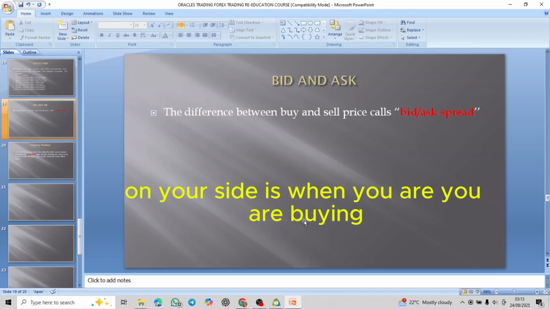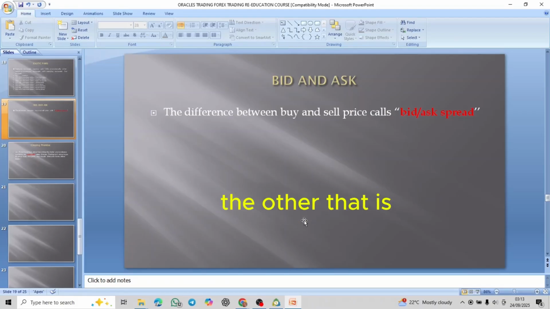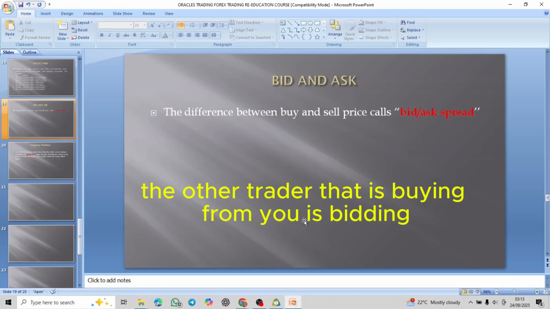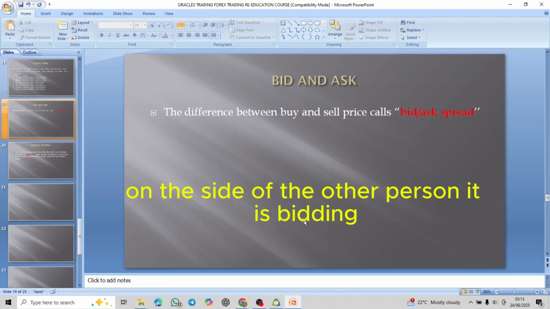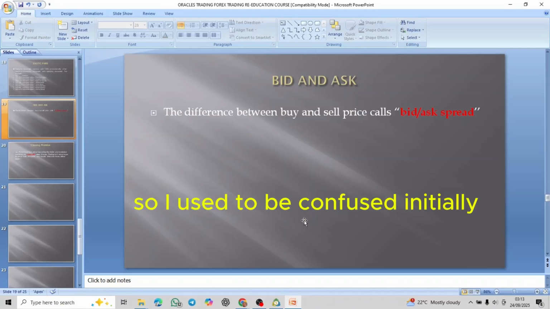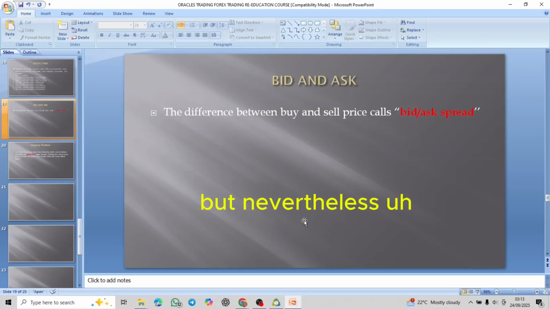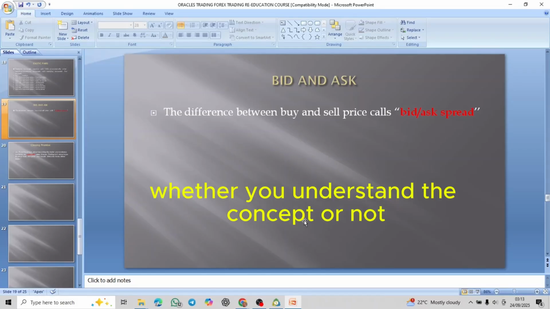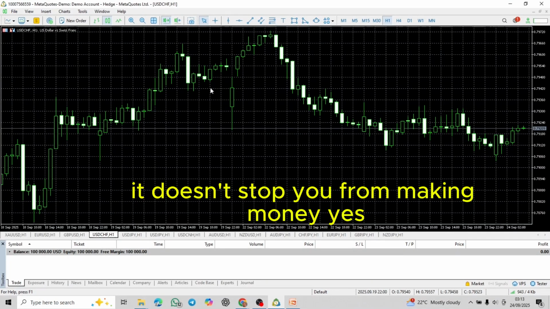While ask on your side is when you are buying, whereas the other trader that is buying from you is bidding. So on your side it is asking, and on the side of the other person it is bidding. I used to be confused initially when I just started trading. But nevertheless, whether you understand the concept or not, it doesn't stop you from making money.